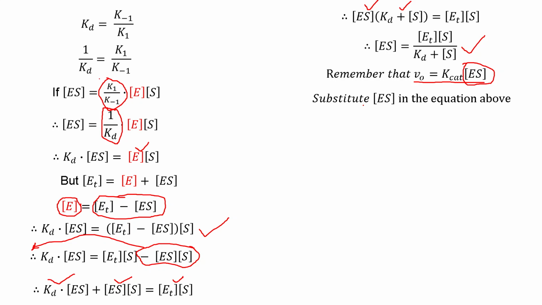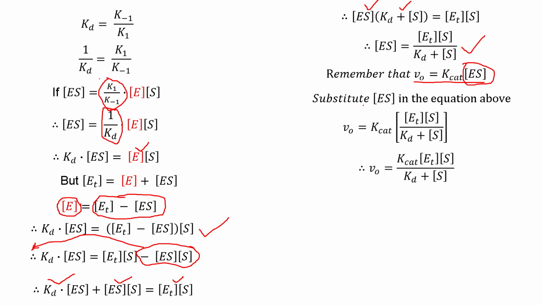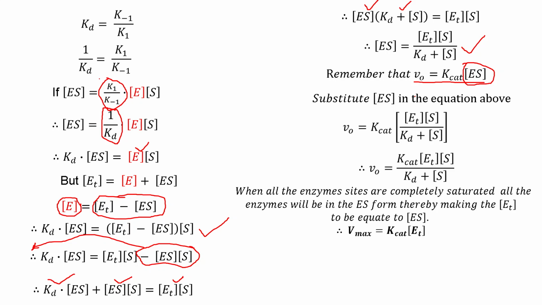When you substitute ES in the equation above, you will have that V0 is equal to Kcat multiplied by, in bracket, E total multiplied by S all over Kd plus S. And you are left with Kcat multiplied by ET multiplied by S all over Kd plus S.